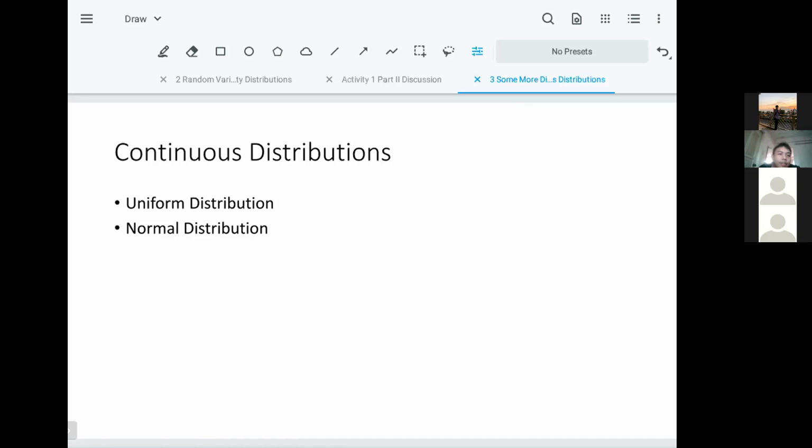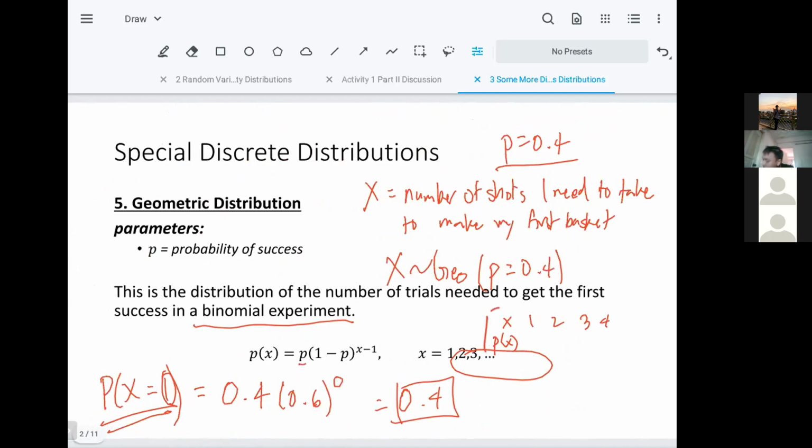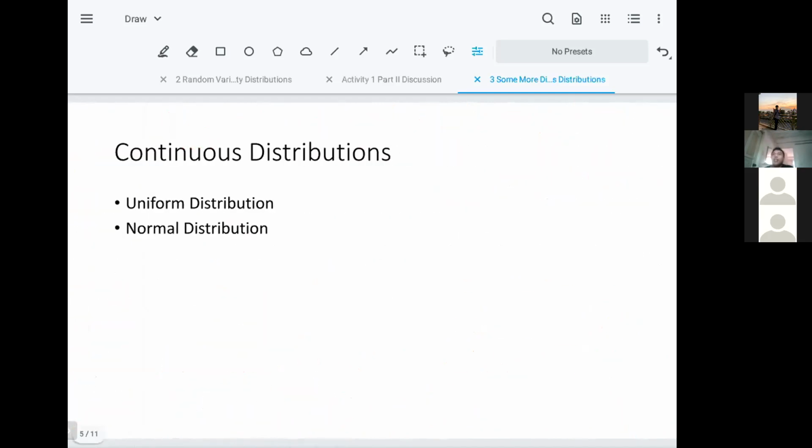Alright. Continuous distributions differ from discrete distributions, though both are probability distributions. For discrete ones, like the Poisson and negative binomial we discussed, we can tabulate the values, even if they extend infinitely, because the set of outcomes is countable. On the other hand, for continuous, say height, x equals 160, 161, there are infinitely many values in between.